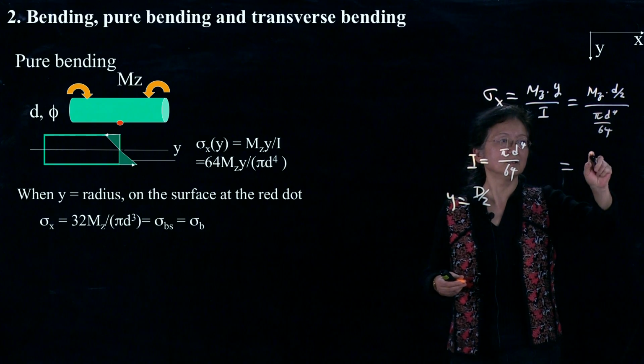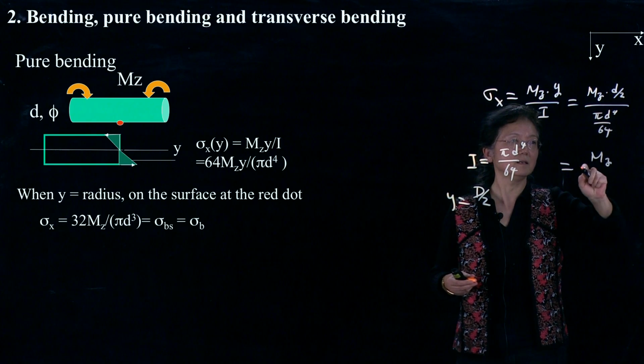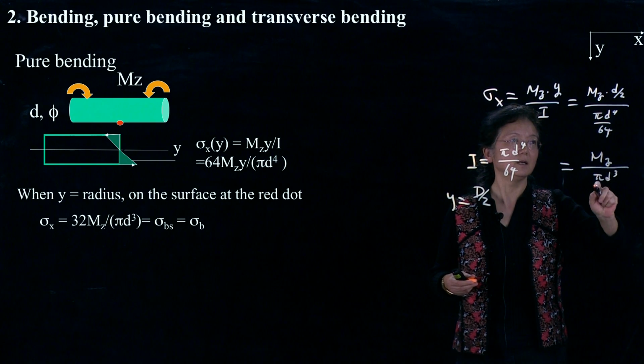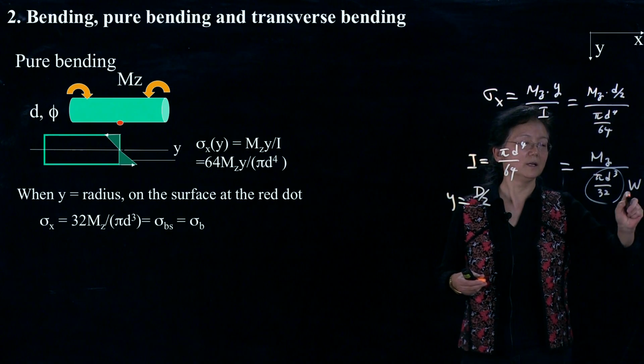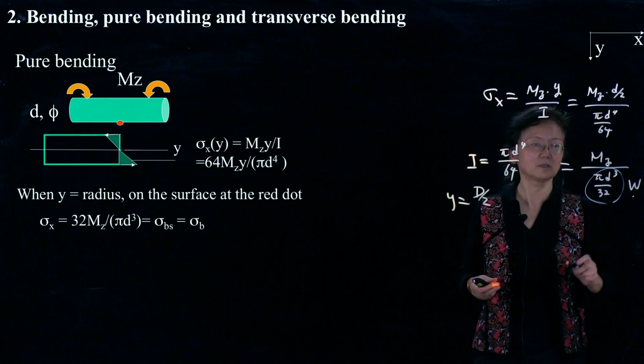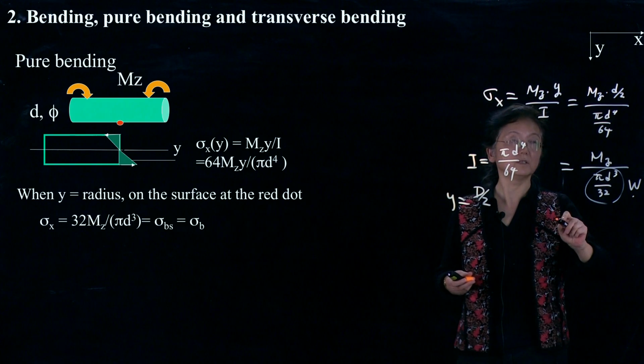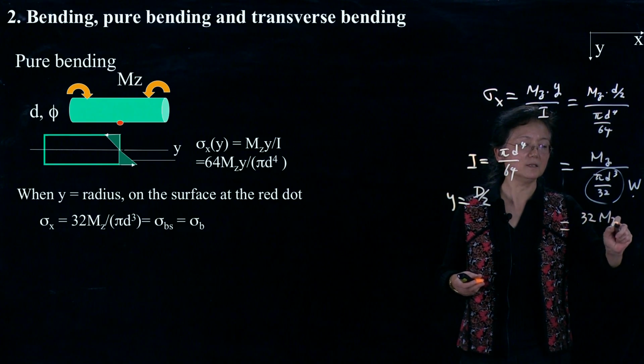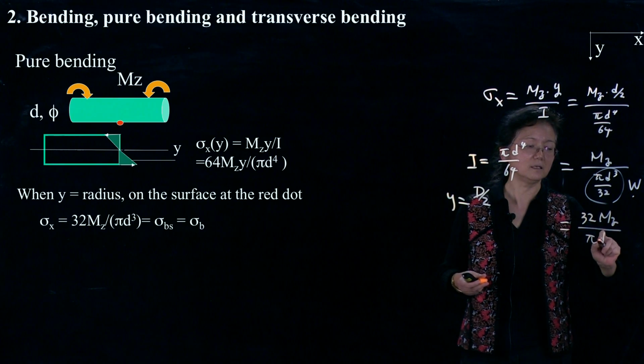This leads to Mz over pi d cubed over 32. Sometimes people call this W, which is named the section modulus. Flip this over, so it equals 32 Mz divided by pi d cubed.